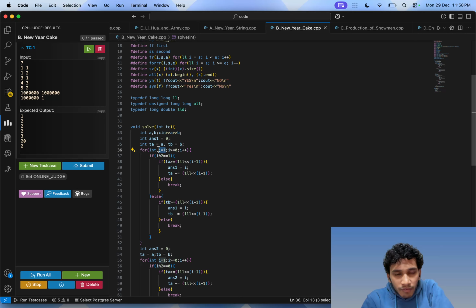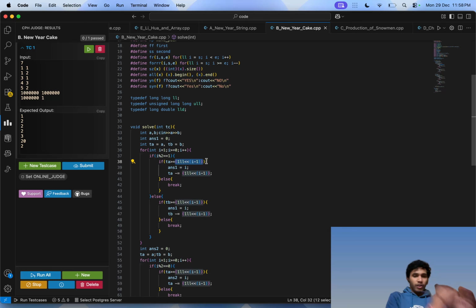So initially we have 1 as the number of chocolates required in the current layer, and we keep on adding 1 to I, that is, the layer number keeps increasing. And what is the amount of chocolate we require? It is 2 to the power I minus 1. All right, because in the first layer we had one amount of chocolate, which is 2 to the power 0.